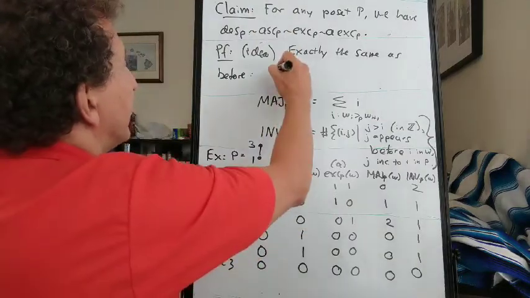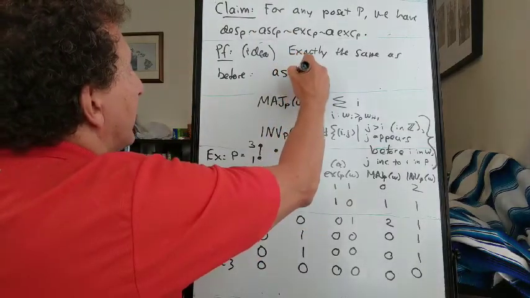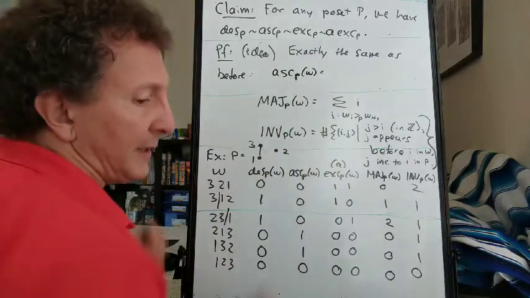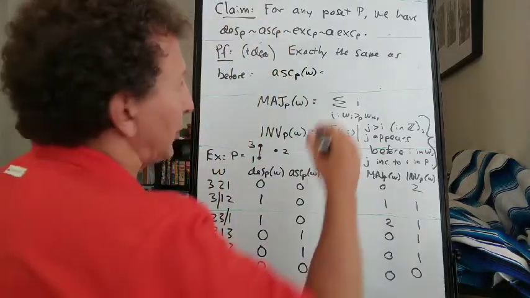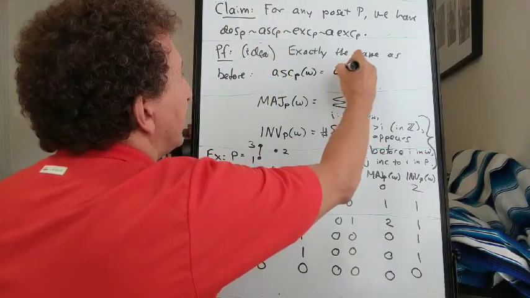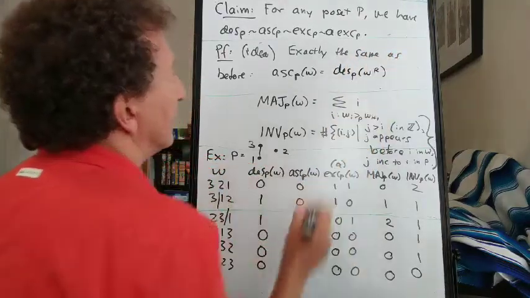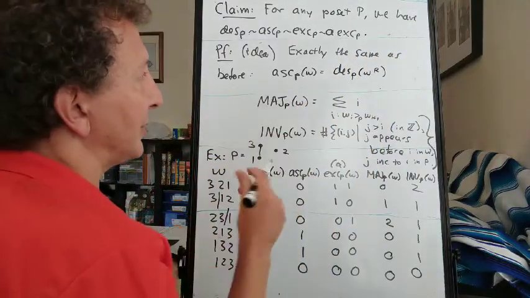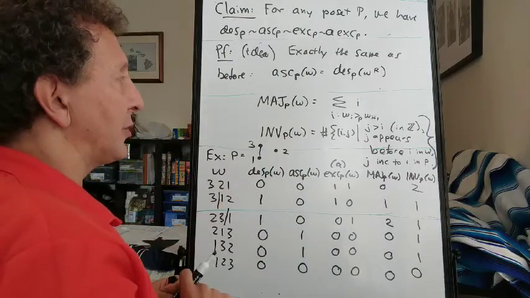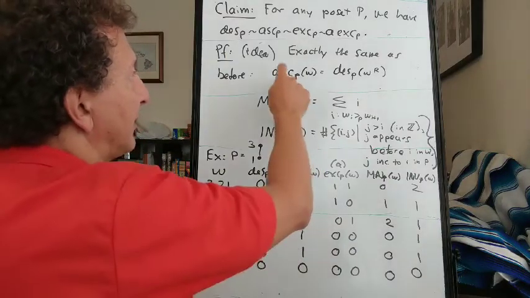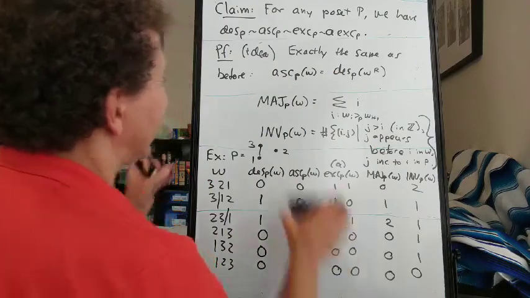So that is, P ascents of W equal P descents of W reverse. Sending a permutation to its reverse is a bijection on the symmetric group to itself that sends this statistic to that statistic.